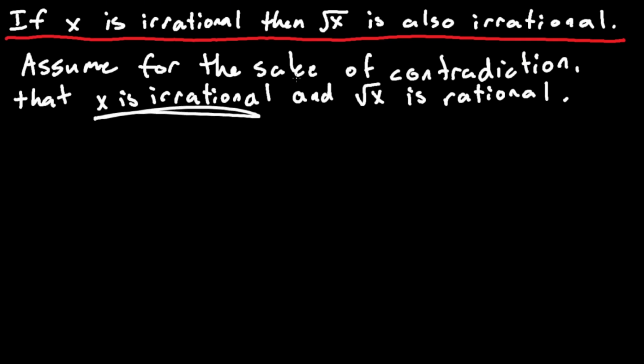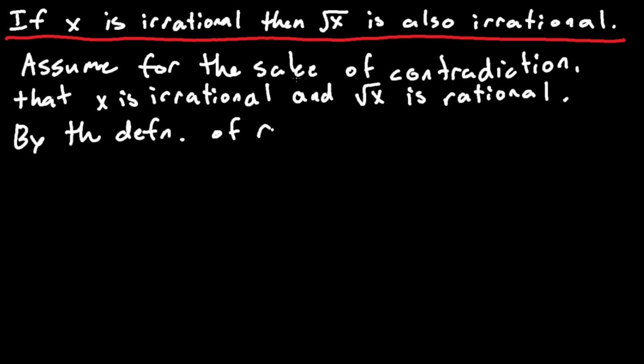Well, we can't really define irrational, but what we can do is define that the square root of x is rational, and we can do that by the definition of rational.